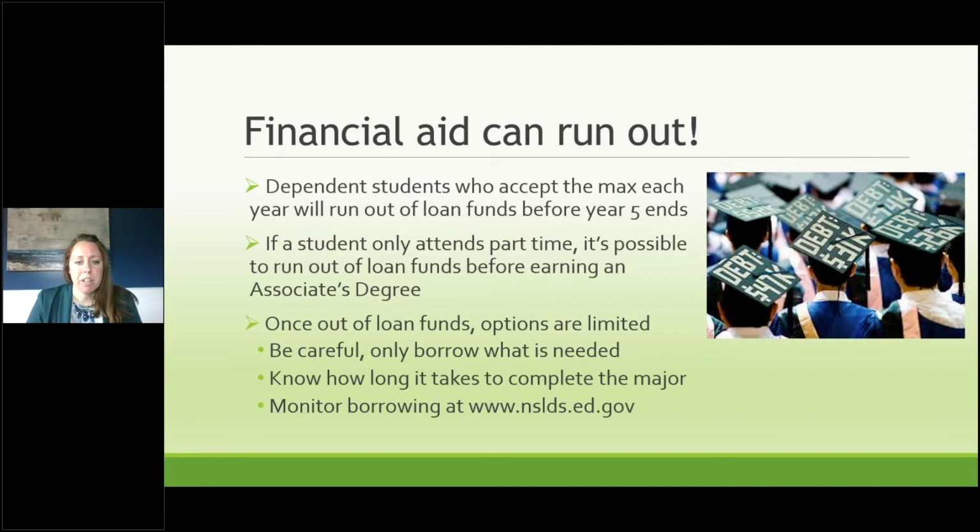At the bottom, that very last bullet there, there's a website. It's www.nslds.ed.gov. And that website will lay out for the student every student loan they've ever taken. It will list the interest rate, how much interest has accrued on that loan, and they can monitor it throughout their education.